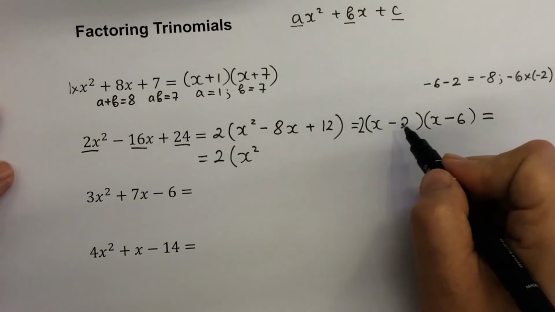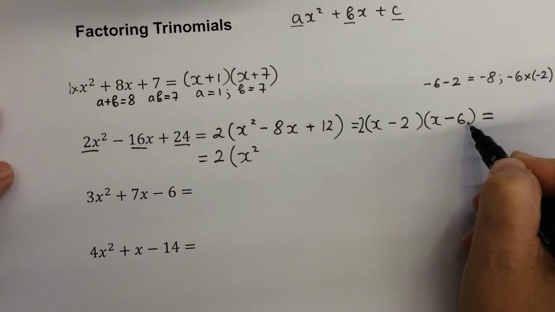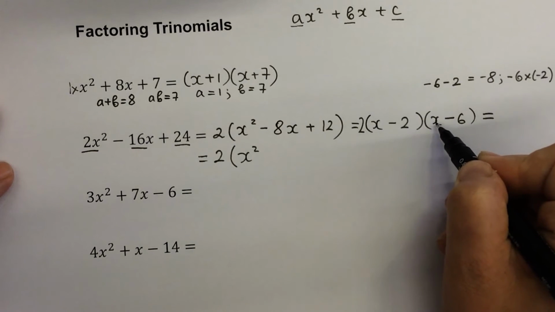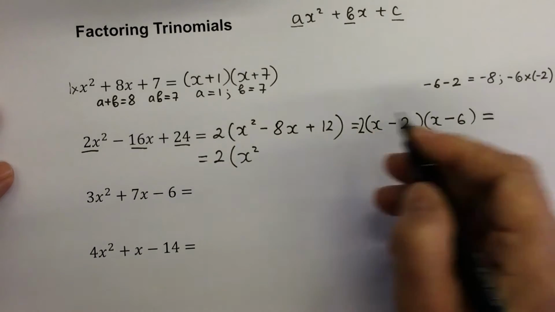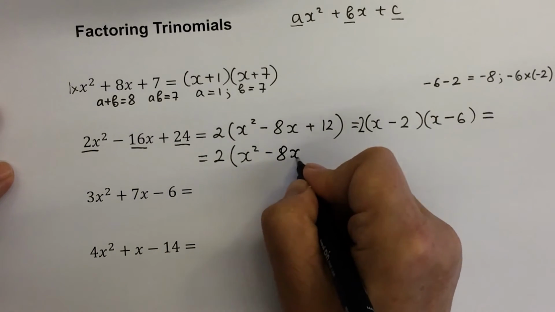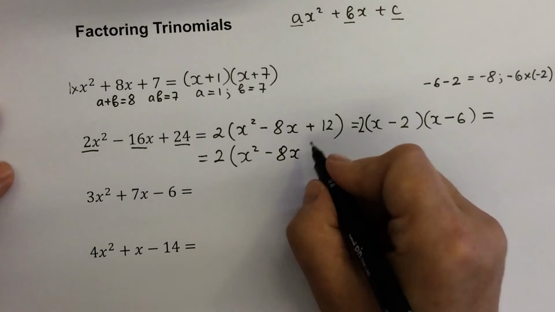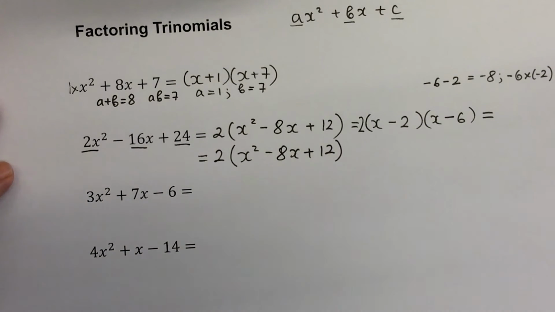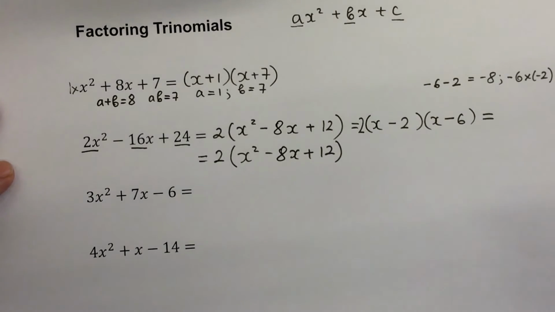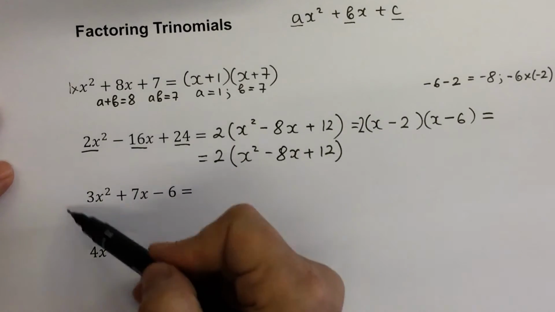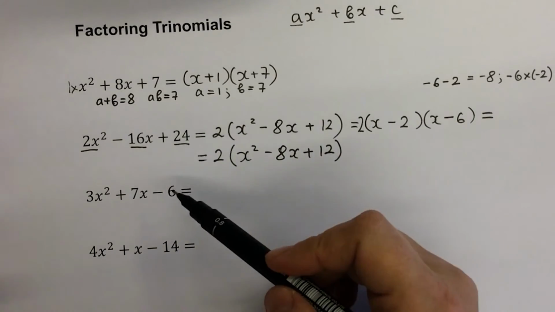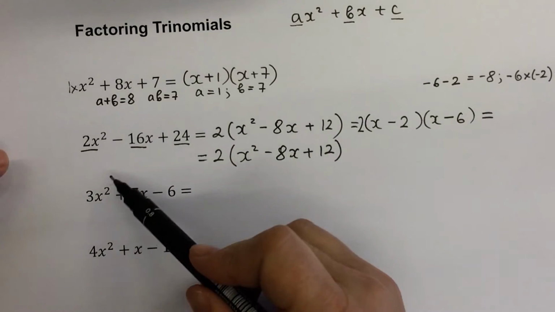Then x times minus 6 is minus 6x, and then minus 2 times x is minus 2x, minus 8x in total, and minus 2 times minus 6 is 12. So I factorized correctly.